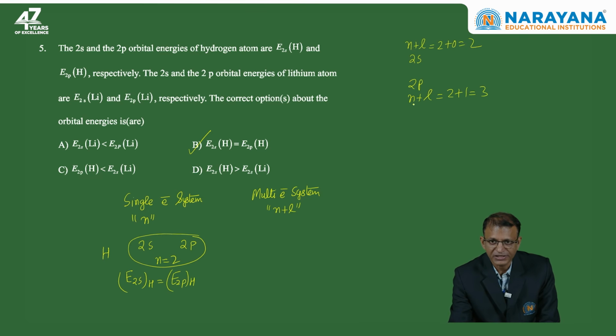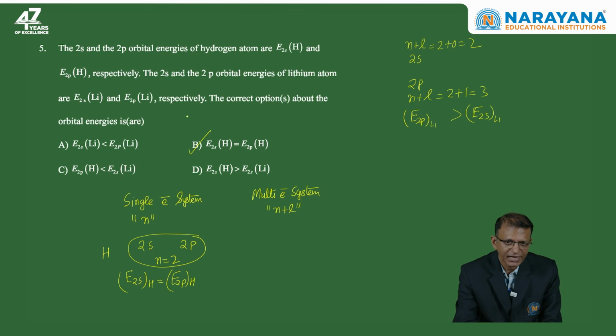So obviously the energy of the 2p orbital is greater than the energy of the 2s orbital in a multi-electron system like lithium. So from here we can say that the energy of 2p in lithium is greater than the energy of 2s, right? So if we look at the options, option A, energy of 2s for lithium is less than energy of 2p for lithium. Option A will be correct.